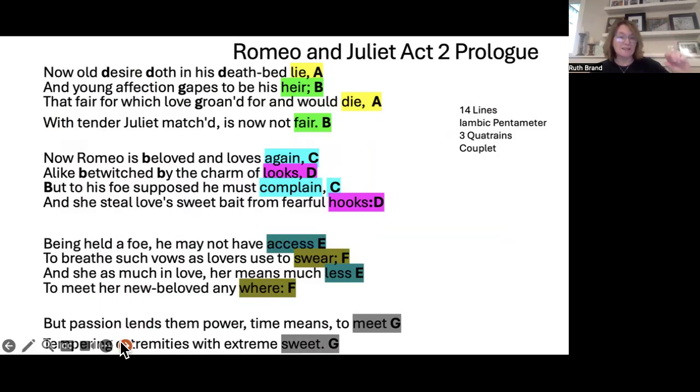There's 4 lines in each of these chunks. And that ends with a couplet. And then as you read through it, you'll notice it's following a particular rhyme pattern. And it's A, B, A, B, C, D, C, D, E, F, E, F, G, G. It's just kind of a very standard Shakespearean sonnet rhyme scheme, if you will.